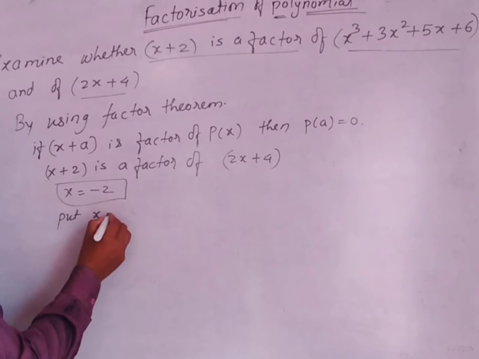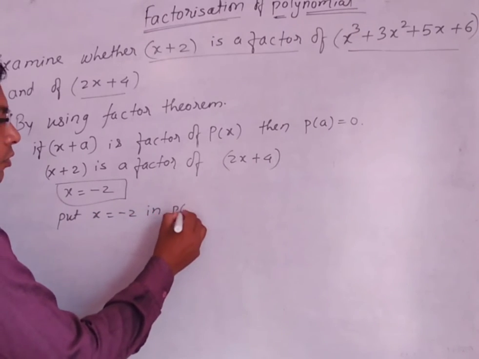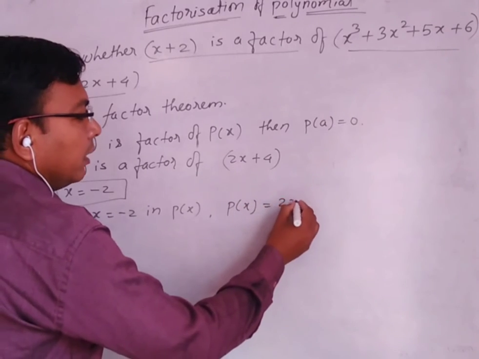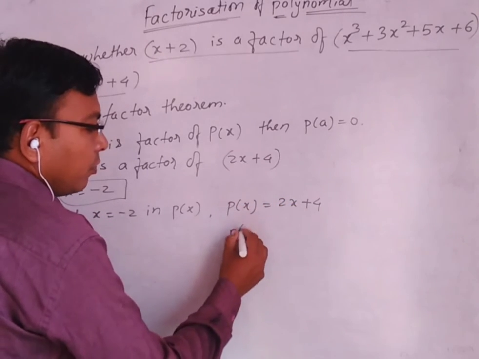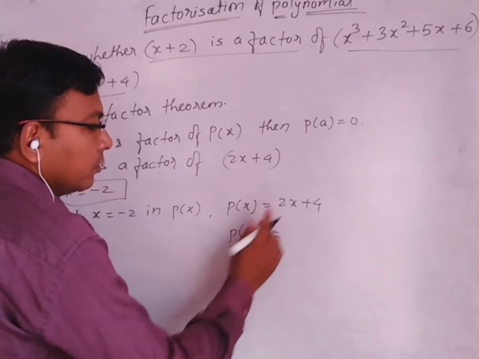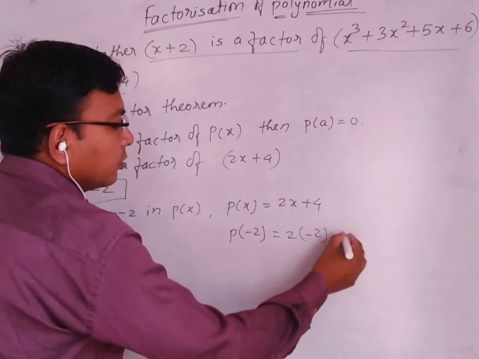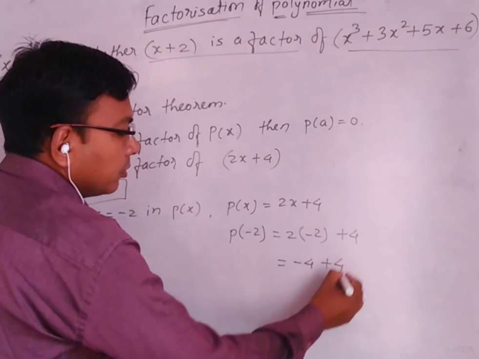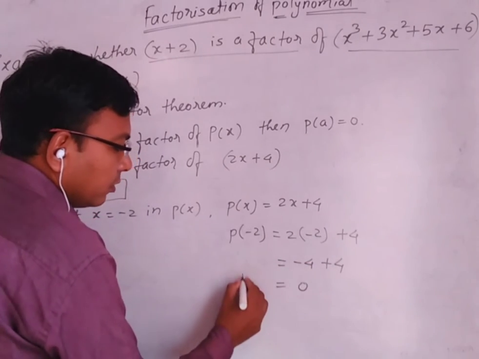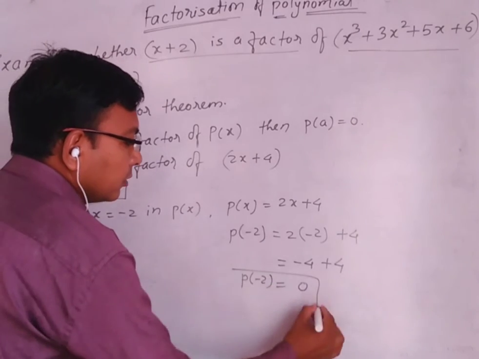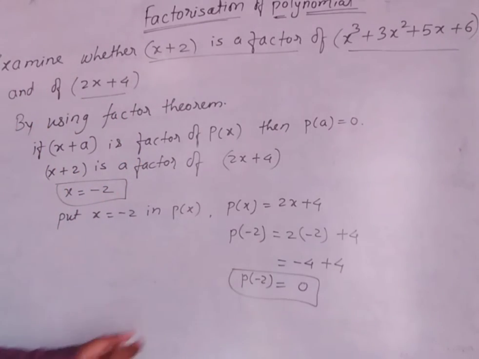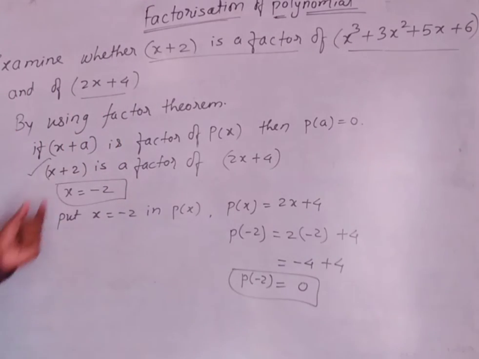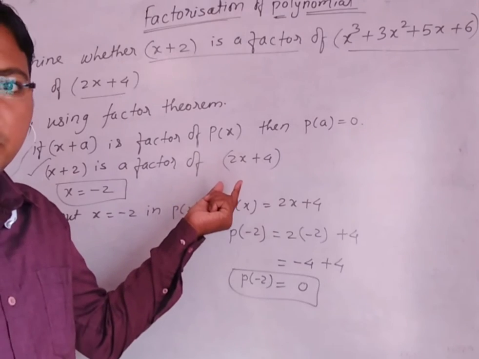Put x equal to minus 2 in p of x, where p of x equal to 2x plus 4. So p of minus 2 equal to 2 into minus 2 plus 4, which is minus 4 plus 4, equal to 0. P of minus 2 is equal to 0. That means when p of minus 2 equal to 0, that time x plus 2 is a factor of p of x.